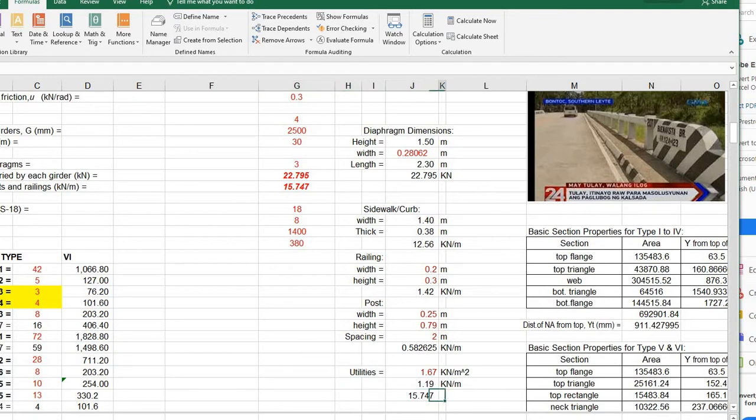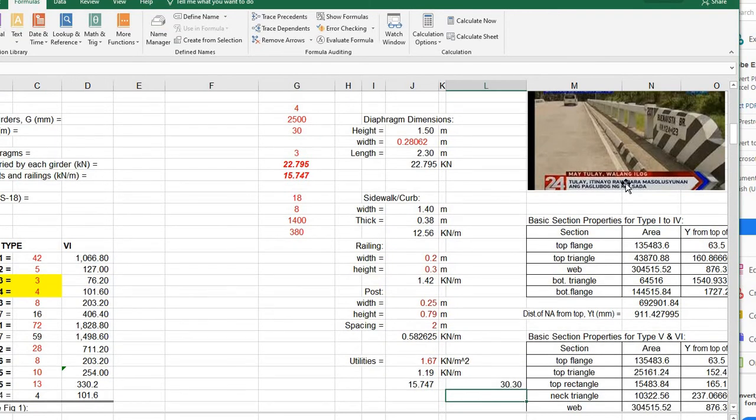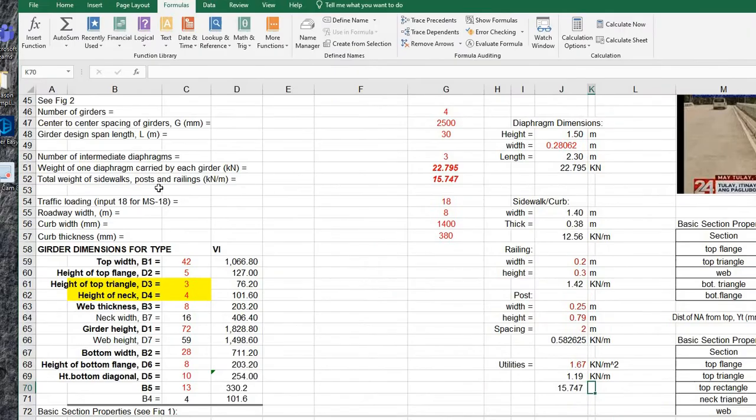Next is i-total natin lahat yung mga weights. So we have sidewalk plus railing plus post plus utilities. Oops. Okay, so ulitin natin. I-add natin si sidewalk plus railing plus post plus utilities, then yan.